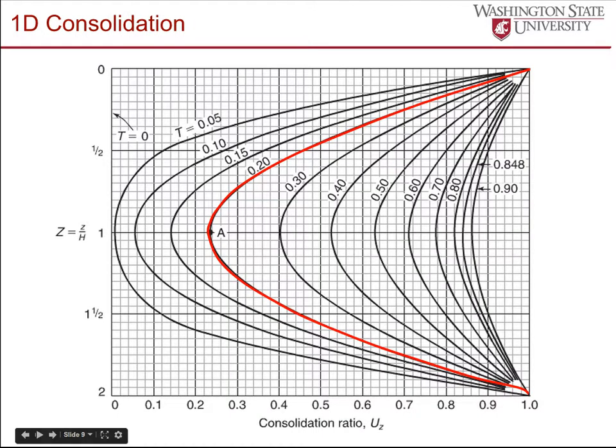That gives us the consolidation ratio down here and the depth of our soil that we're looking at. And then here we want to look at how this curve is created.